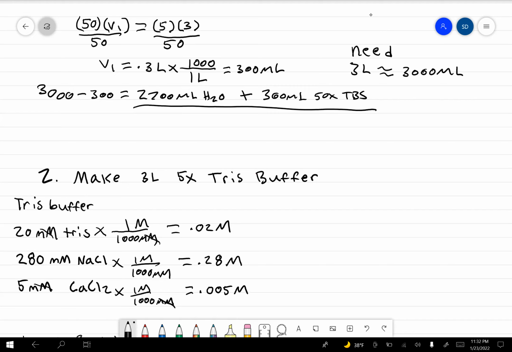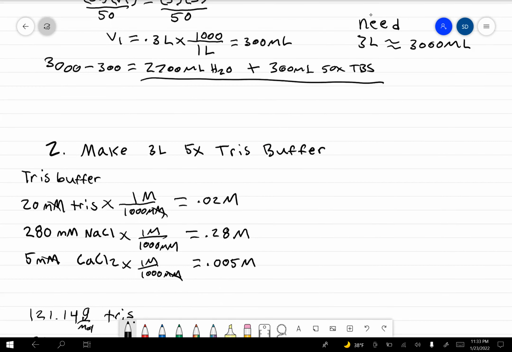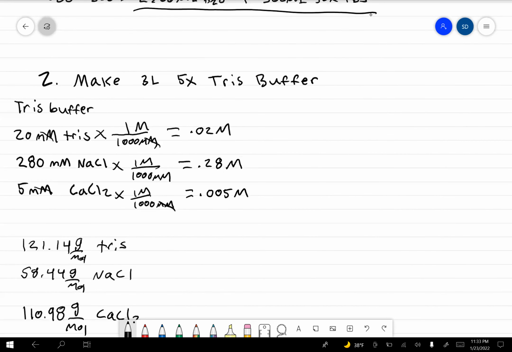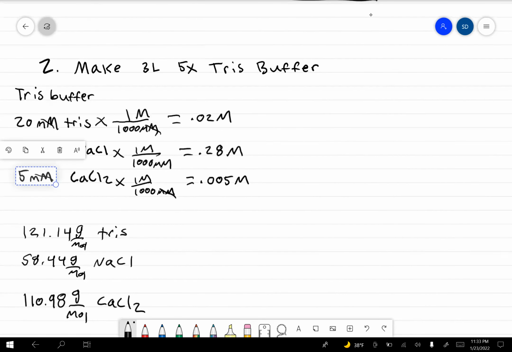That would give us the moles. Now that we have moles, it's also important that if a question is asking you to find this amount of Tris buffer from this ingredient list, it must also provide you with the molecular weight of each of the compounds. I'm saying this because it may help you to answer the question.